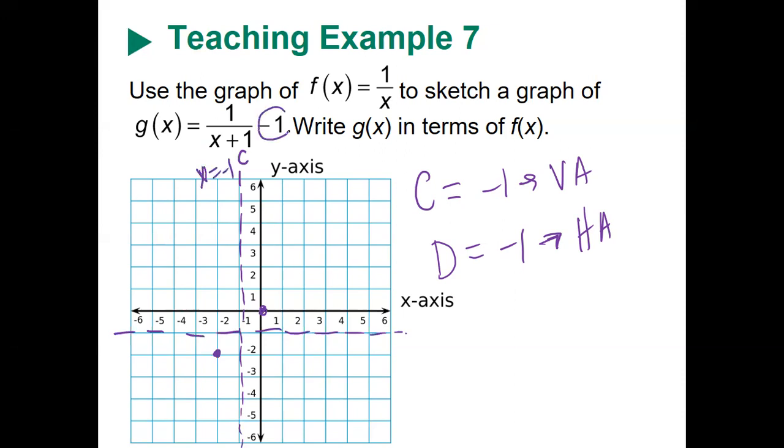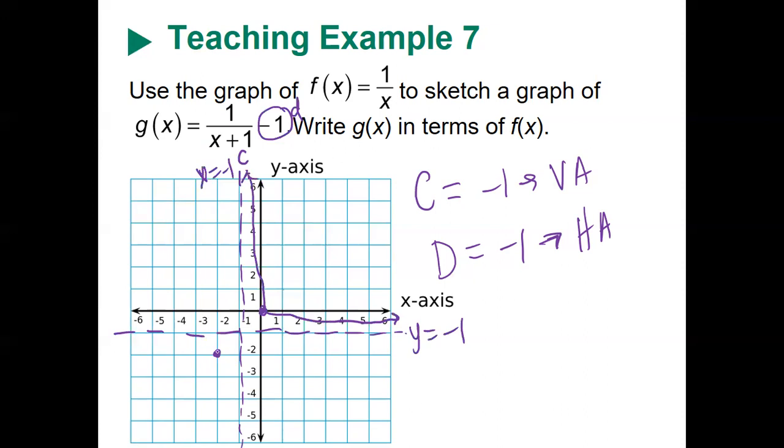My D is also negative 1, which is my horizontal. And then my points, they're normally at 1, 1, and negative 1, negative 1, but I got to move them with the rest of the graph. So we went left 1, down 1. So from here, went left 1, down 1. And I'm going to follow the curves now. Follow the asymptotes.